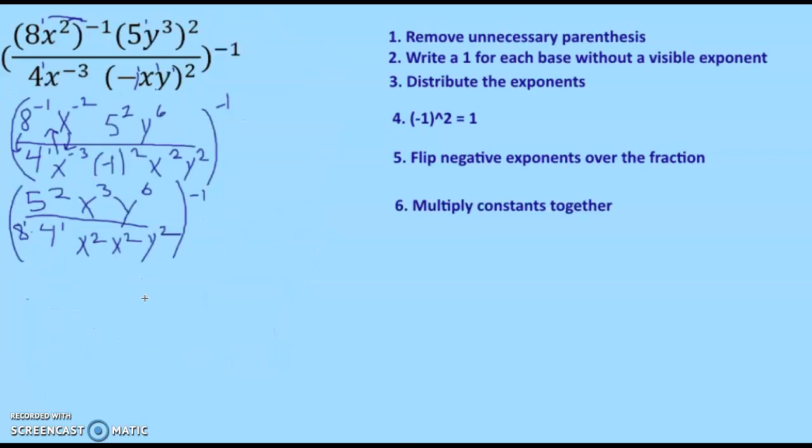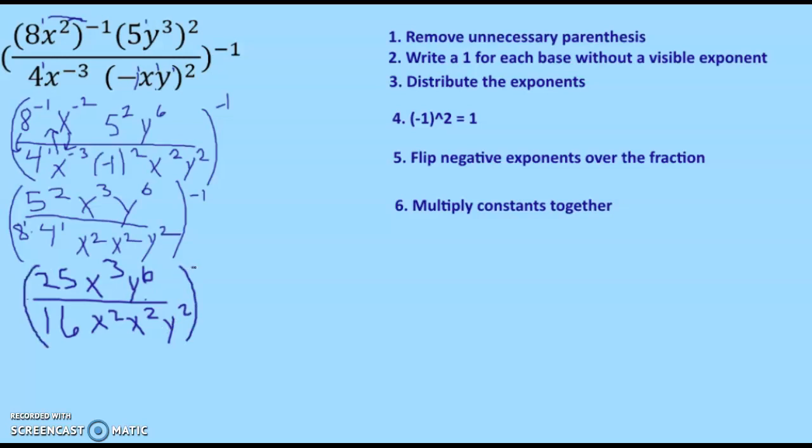So when we multiply the constants together, we get 25 x cubed y to the 6th over 16 x to the second, x to the second times y to the second, all to the negative 1 power.